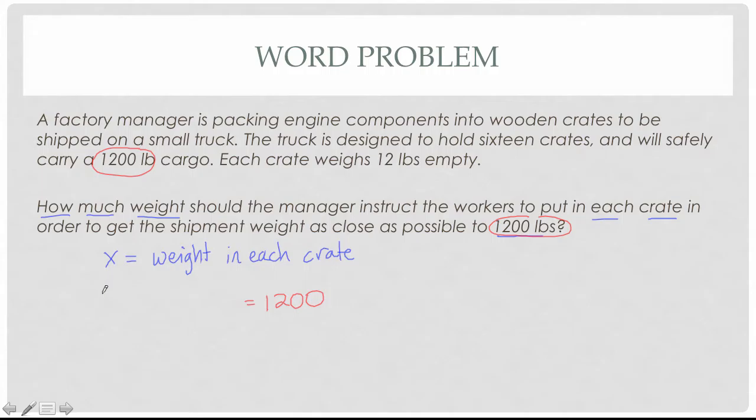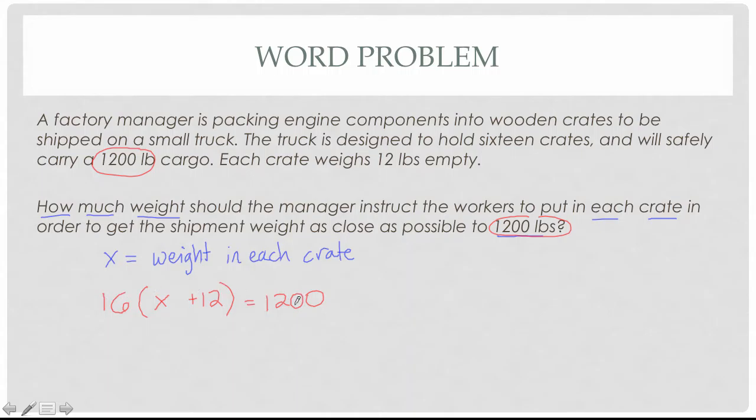And each of those 16 crates already weighs 12 pounds, but there's also the weight that we need to add. Each crate is going to be 12 pounds plus whatever I add to it. There's 16 of them, and all 16 crates have to be a total of 1,200 pounds. Can't be more than that.